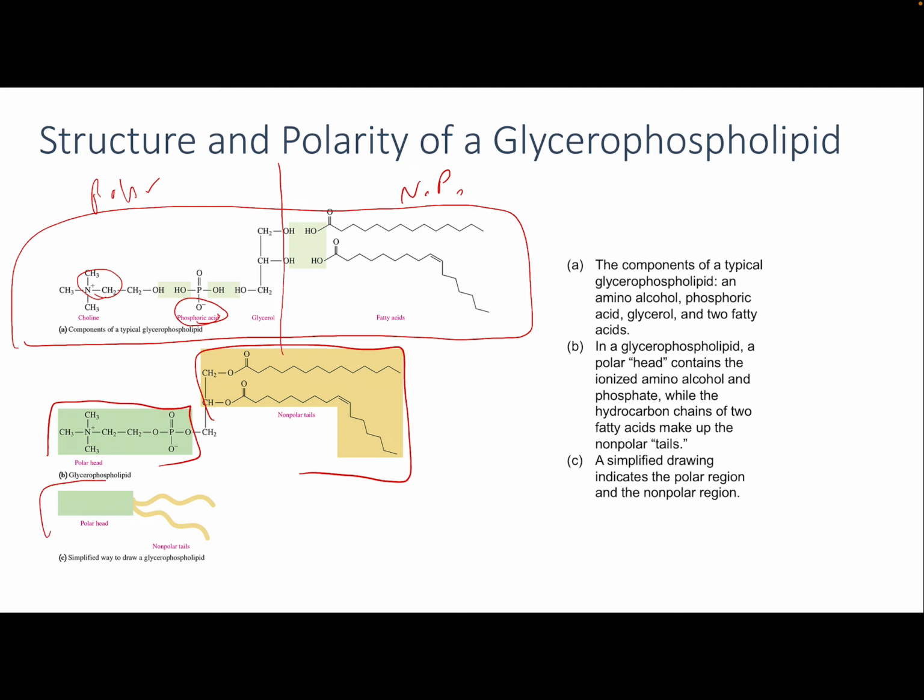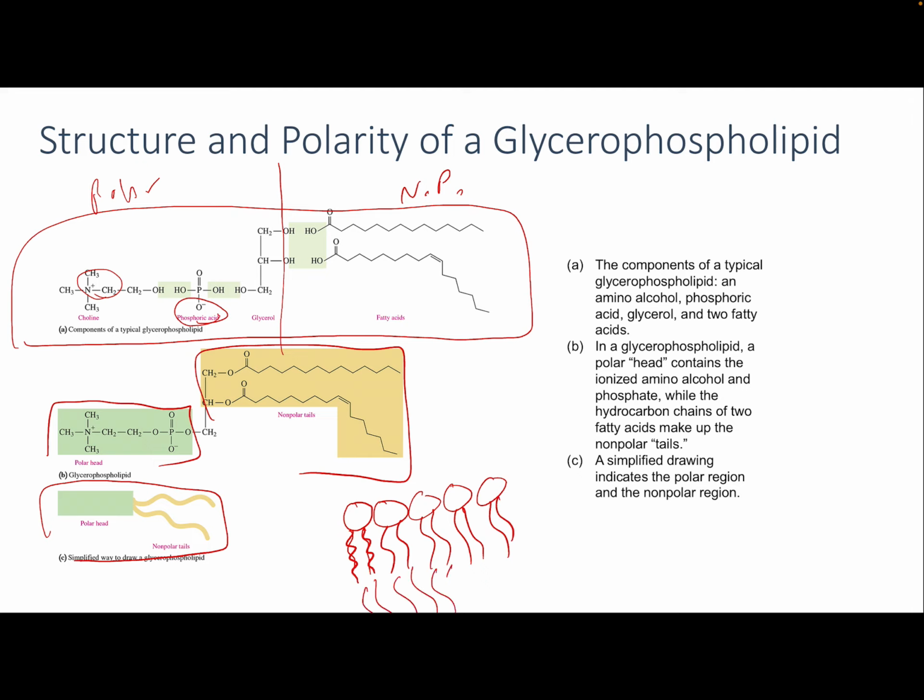Sometimes we even just show these little representations here. I remember when I was in school, they were circles, but we do this. And these little things represent the hydrocarbon fatty acids, and then these little head groups represent the ethanolamine or the amino alcohol on the phosphate. And we sometimes draw these so that we can show a lipid bilayer.